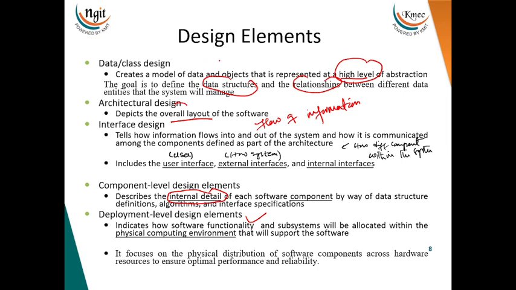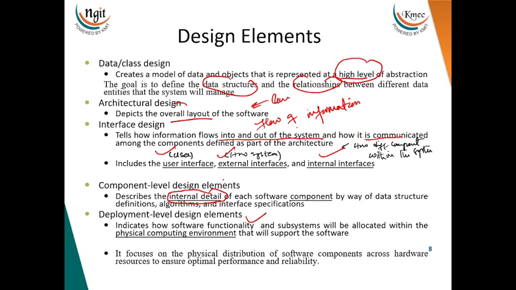Once you define which language you are using, the overall layout of the software follows. Then the interface tells you how information flows from higher to lower or from one system to another, how information flows into and out of the system, and how the communication goes. This includes the user interface, external interface, and internal interface. The user interface is for the user who wants to get into the system, the external interface is for an external user who wants to get in, and then the internal interface.